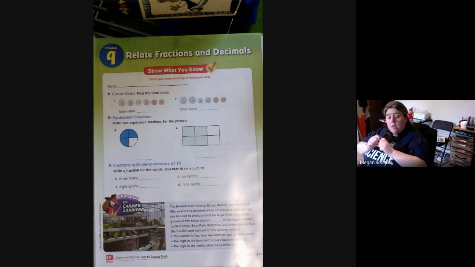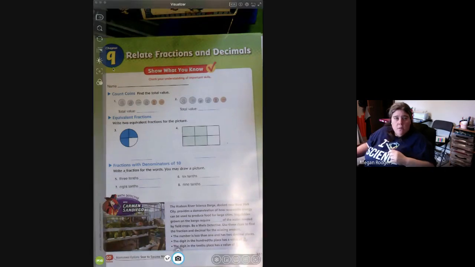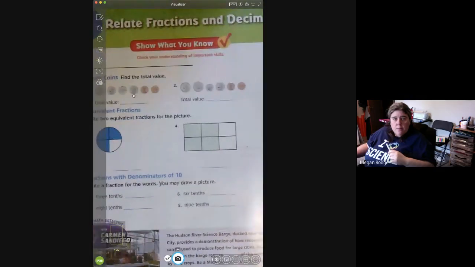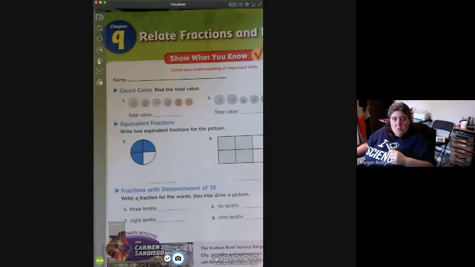All right, so it says count coins, find the total value. I know that is a little hard to see. Let me see if I can zoom in just a little bit anyway. Not sure that makes it any easier. We refocus a little bit.